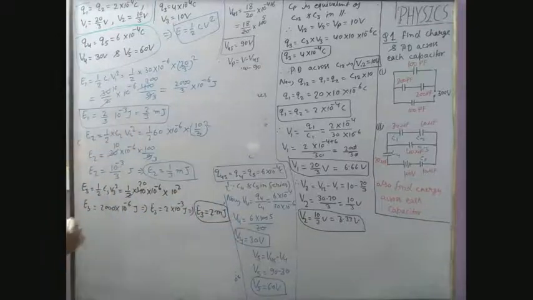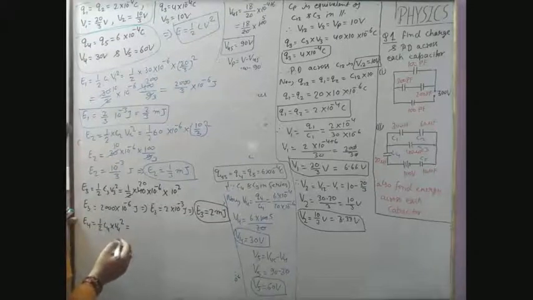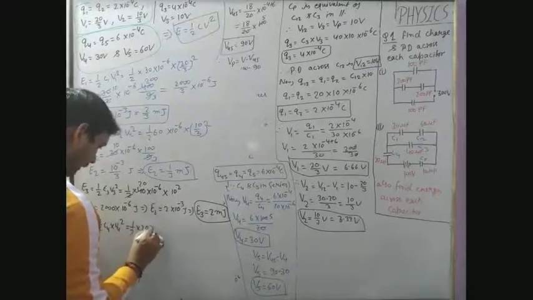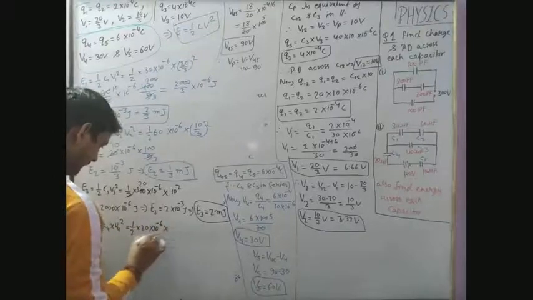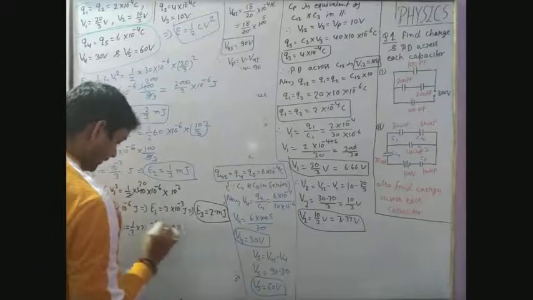Okay, next E4, half C4 into V4 square. C4 is 20, so half into 20 into 10 to the power minus 6 into 30 square.